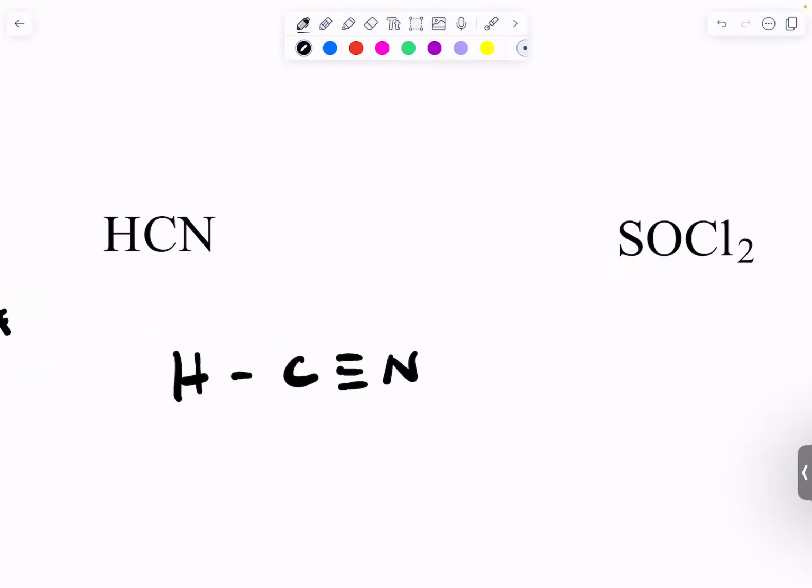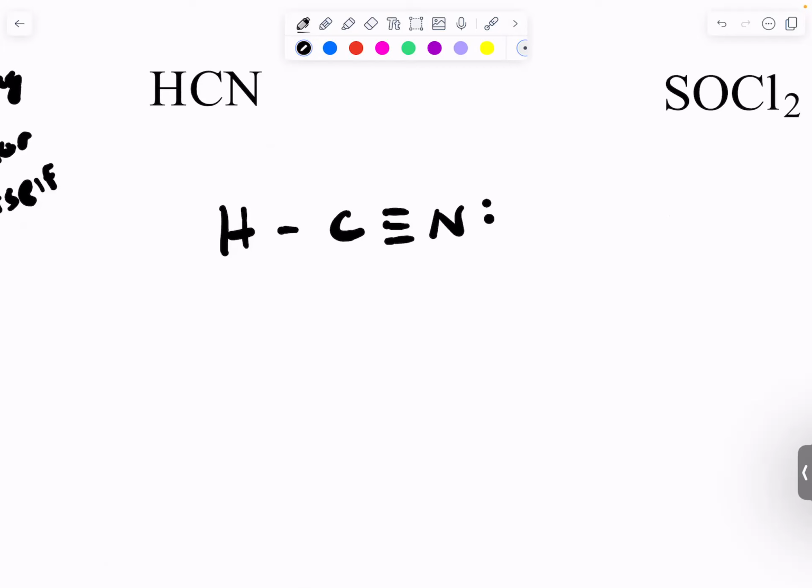I see the lone pair on the nitrogen as an indicator that it could possibly donate, because it would be pulling that way. But then I also see the hydrogen, but I don't see any resonance. So no, I'm sticking with my Lewis base.